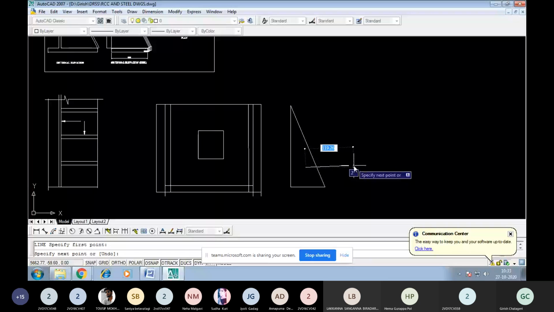At this point W will be considered, that is nothing but PH, the horizontal force. The PH itself will be the W here, and L is the span between the counterforts, that is the distance between the slab width. WL square by 12 will be the moment at midspan, and WL square by 16 will be the moment at the edge. This is how we are going to design the stem.